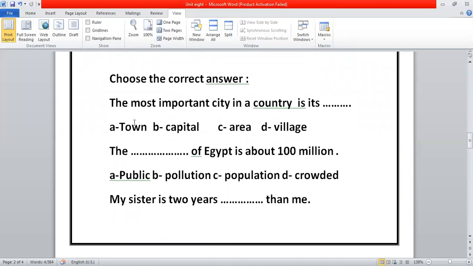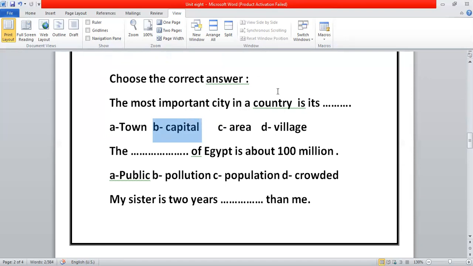Read with me. The most important city in a country is its... What is the right answer? I'll give you 1 minute to try to answer. It's capital. The most important city in a country is its capital.